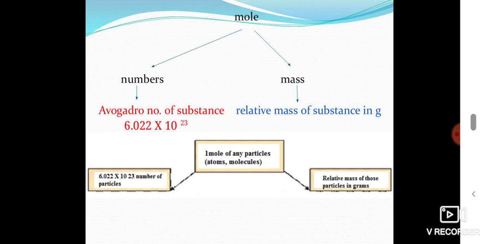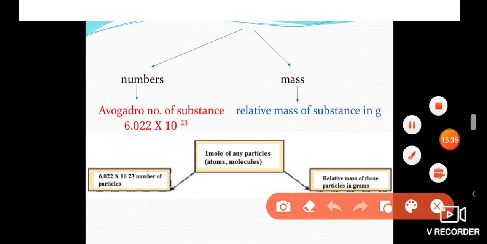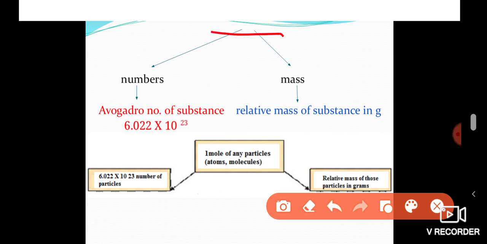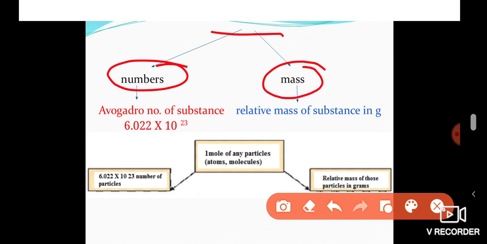So let me relate number and mass. We know that mole is a unit. Mole can be expressed in two ways: by number and by mass. So 1 mole is equal to how much number? Avogadro number. What is the value of the Avogadro number? 6.022 into 10 power 23. And 1 mole is equal to how much mass?